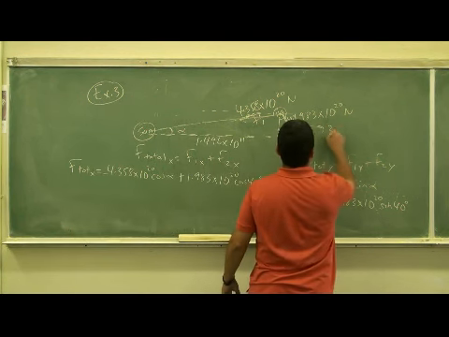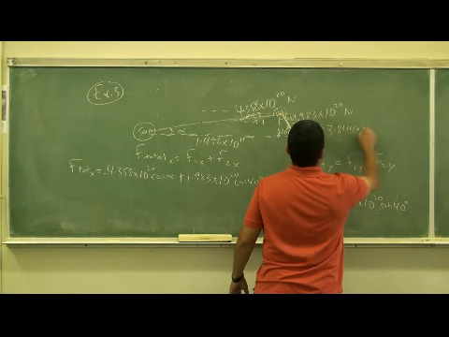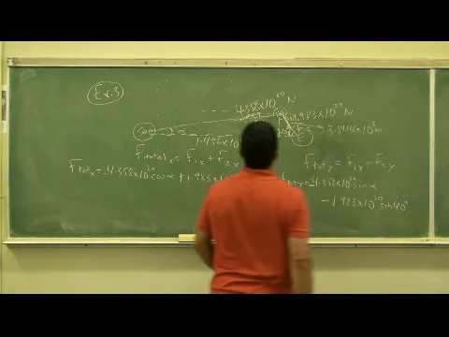And the Earth-moon distance is 3.844 times 10 to the 8 meters.